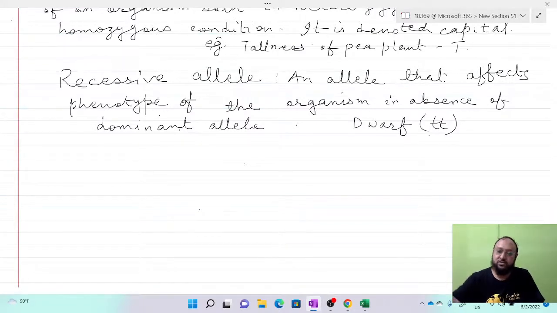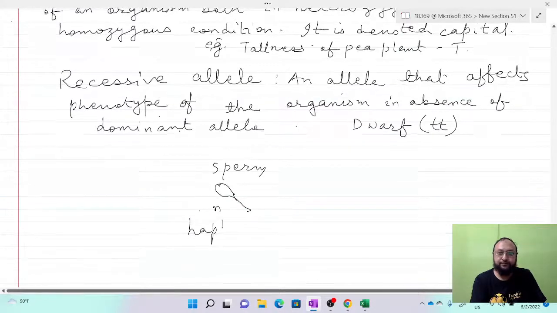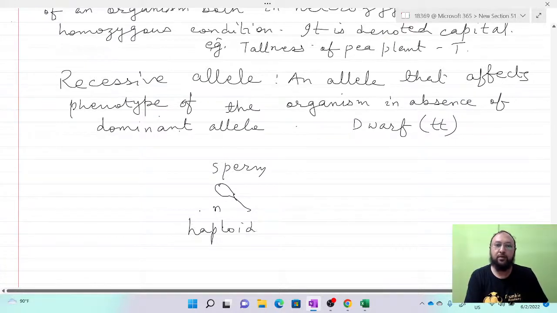Okay, homozygous, heterozygous, I have told you. Diploid, haploid: the gamete, a sperm cell, will have the n number of chromosomes. N, this is called haploid. Haploid number 23, and the ovum, the egg cell, will also have the n number, haploid.